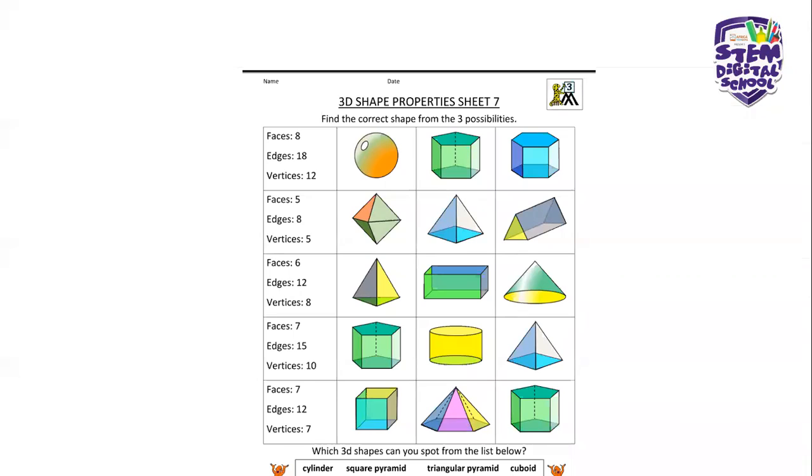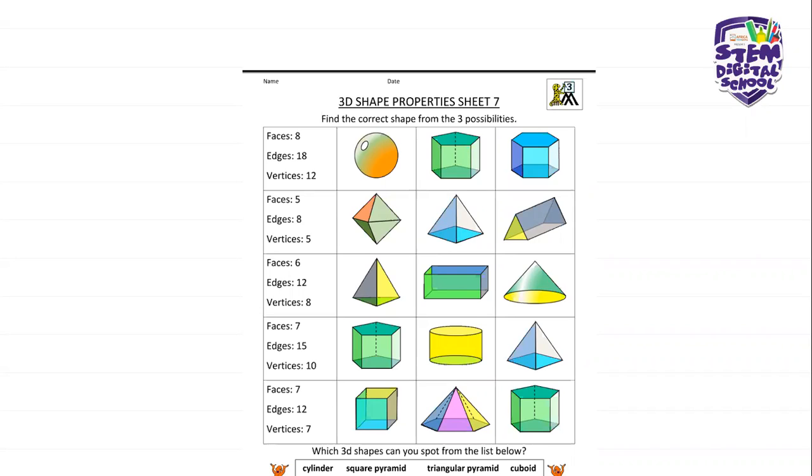I hope that you will take the time and the trouble to answer those questions. So you can tell without doubt that the 3D object, which has got 8 faces in this case, will be the hexagonal prism.